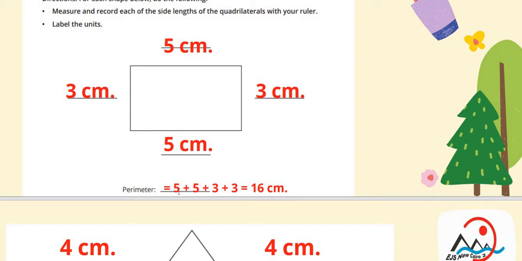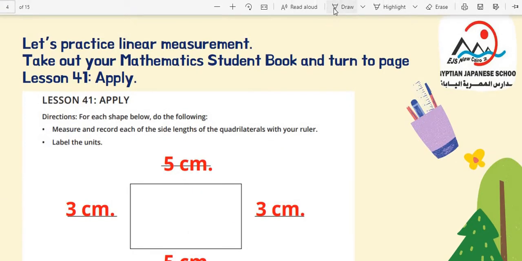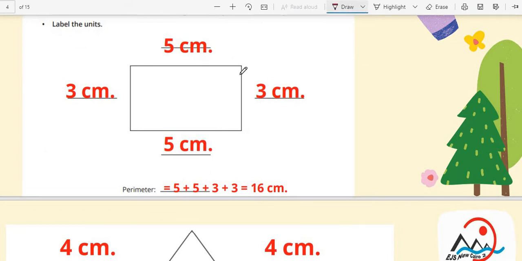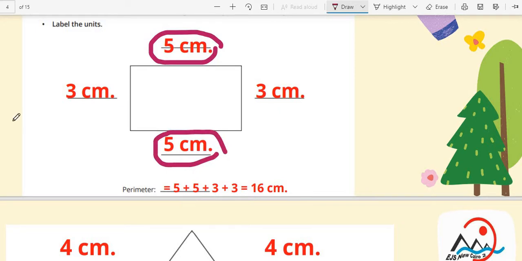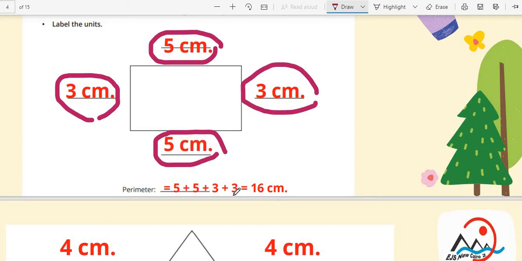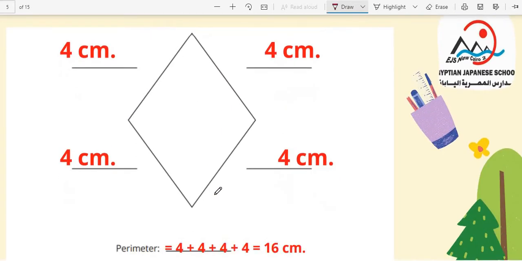So I wrote here 5 centimeters plus 5 centimeters, and 3 centimeters plus 3 centimeters. So the total I have is 16 what? Centimeters. Okay. The same steps I will repeat in this shape.